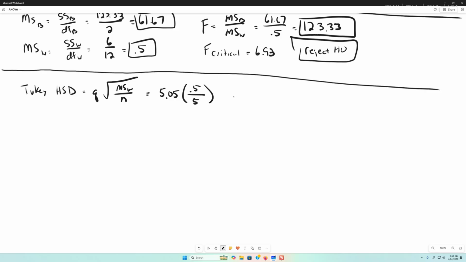So when I multiply this out, this is square root, by the way. So it's 5.05 times the square root of 0.5 over 5, which is equal to the square root of 0.1.